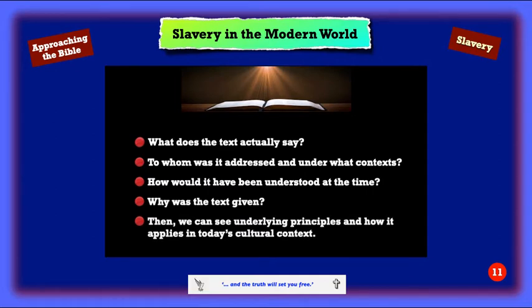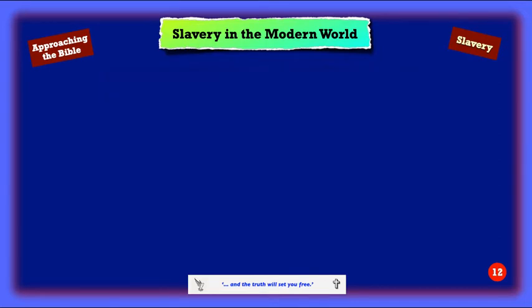Then that just opens the door to reveal the underlying principles. And then we have to interpret it into today's cultural context. The warning is this: don't rip verses out of context. That's too dangerous. We've got to recognize the cultures of the biblical day were very different.